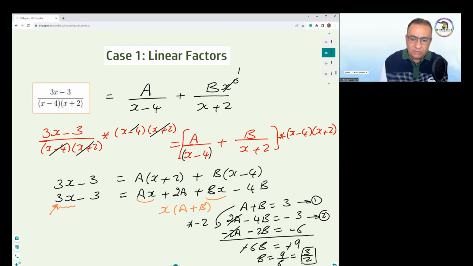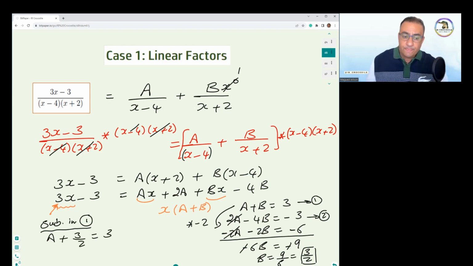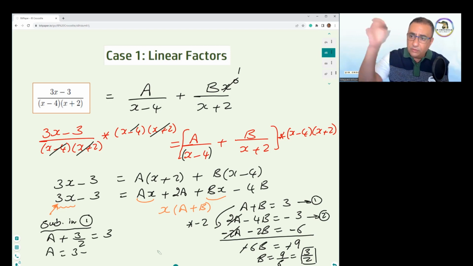And then you can substitute in any of the equations. Let's substitute in equation 1. So a plus, and now instead of b, we have 3 over 2, equals 3. And then we need a by itself. So you can move 3 over 2 to the other side with a negative sign.